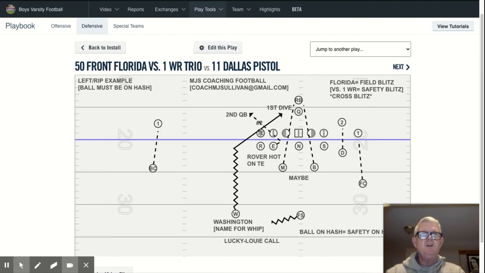So we have three simple rules, starting with when there is one wide receiver. How do you define a wide receiver? It's an eligible receiver who is not a part of the box formation. The box is typically from the center of the ball out as far as about a yard outside the offensive tackle.